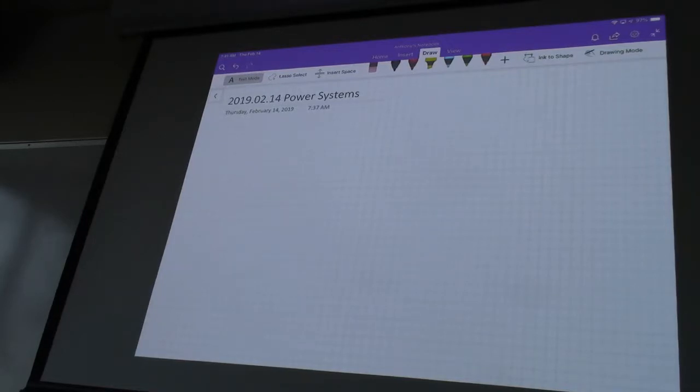Find where we left off in the notes here. So, we actually had a good stopping point.